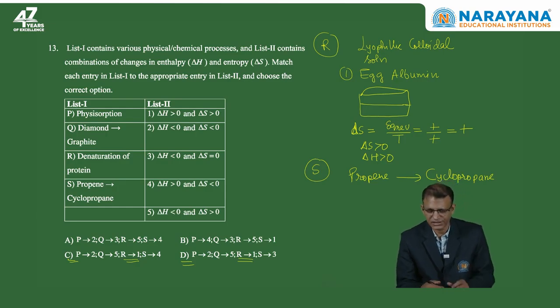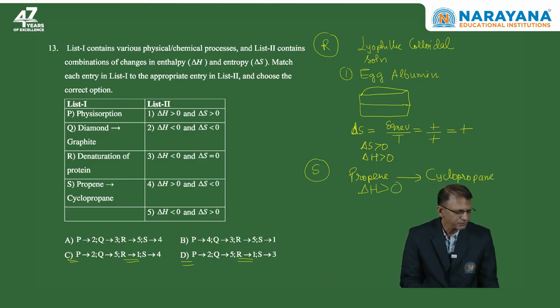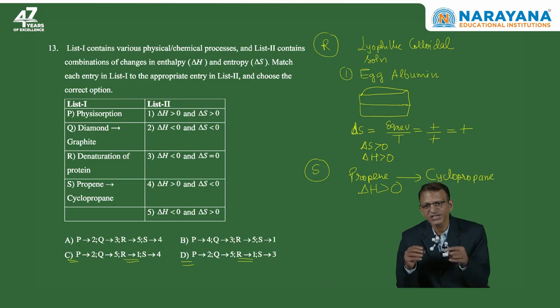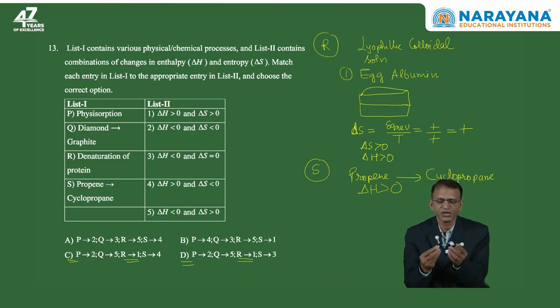From here logically we can say that delta H for this process will be positive. Coming to the entropy change, entropy means degree of freedom. So here, in this propene molecule, this carbon atom can rotate more freely, right? So the freedom of this molecule will be more.